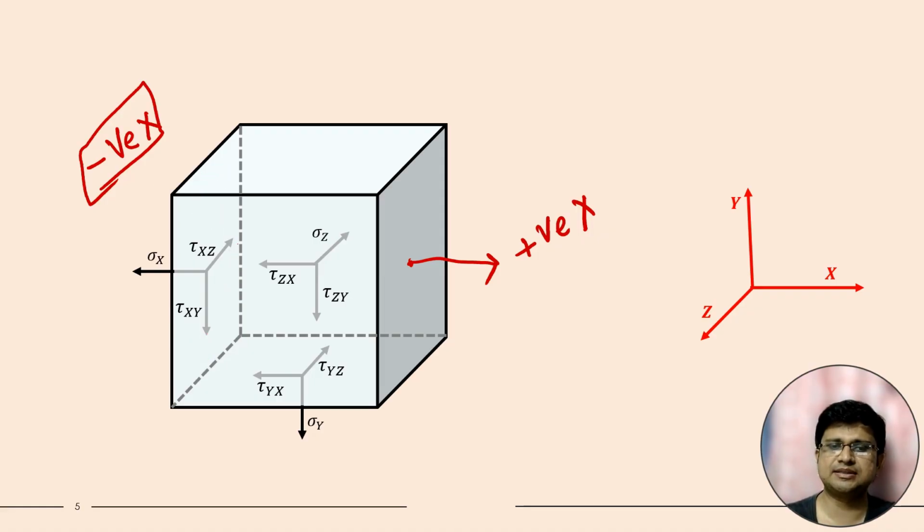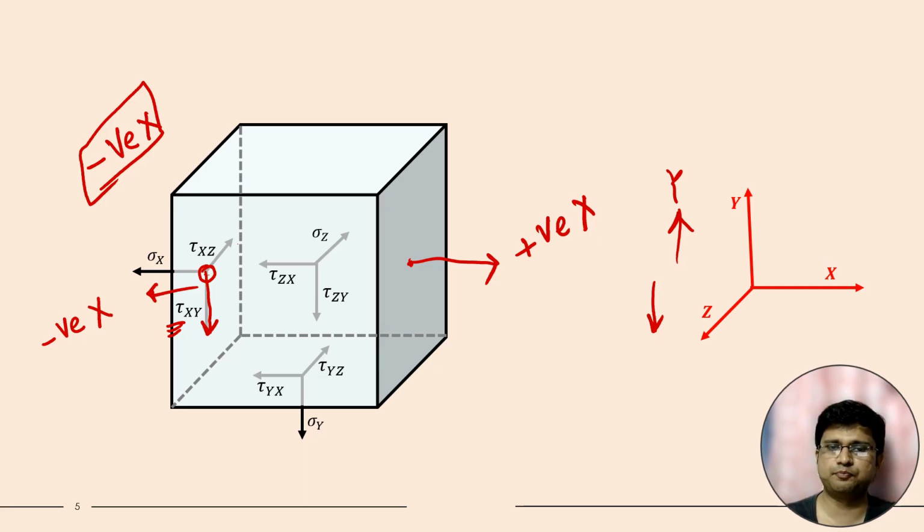For this plane, which is the plane of x because the normal is along the negative x direction, if the shear stress is acting along the negative y direction, then it will be tau xy, because for a negative plane all the directions will be negative. Sigma x will be negative, tau xz will be also negative, tau xy will be also negative.